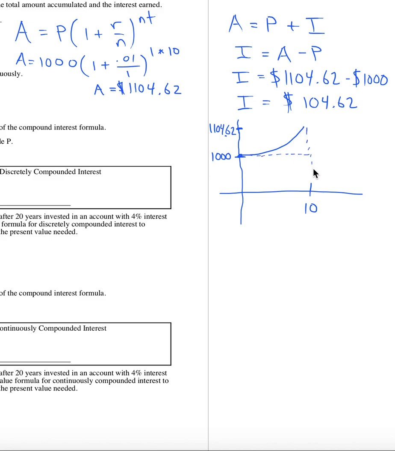And the picture demonstrates how the account is a sum of the principal and the interest. So the principal is 1,000, and the interest is 104.62. When you add them up, you get the accumulated amount in the account.